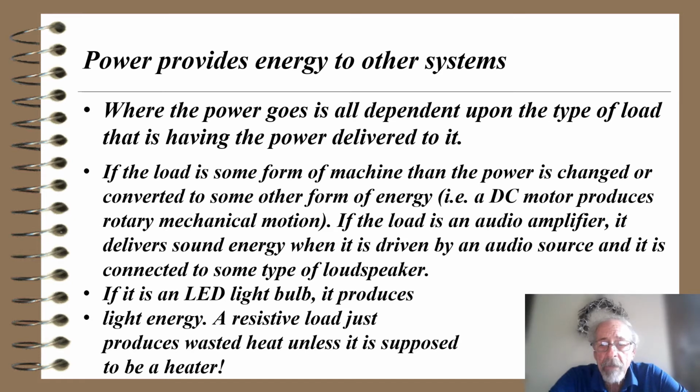If the load is an audio amplifier, it delivers sound energy when it's driven by an audio source and it is connected to some type of loudspeaker. If it is an LED light bulb, it produces light energy. A resistive load just produces wasted heat unless it's supposed to be a heater.